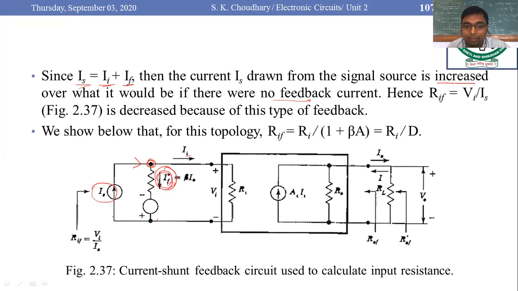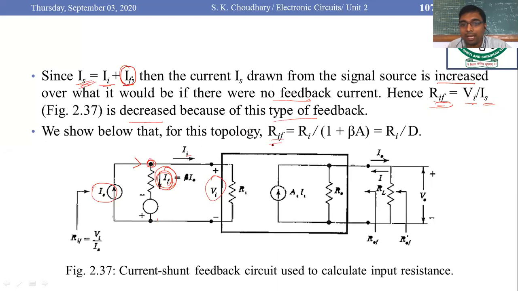Because of this IF, it adds to the value of IS, so the value of IS is increased. So what is the value of RIF now? VI upon IS, the source signal. And IS is larger when you apply the feedback compared to the case without feedback. Since it is in the denominator, RIF is decreased because of the shunt mixing.